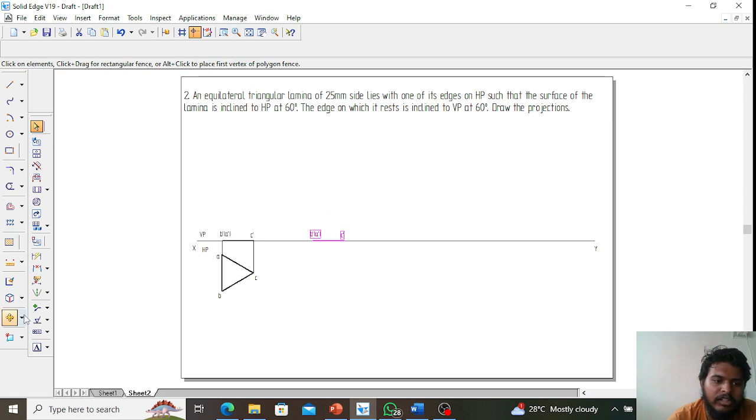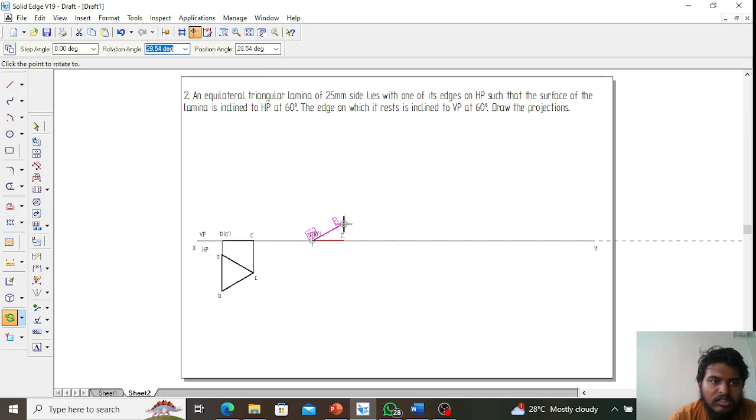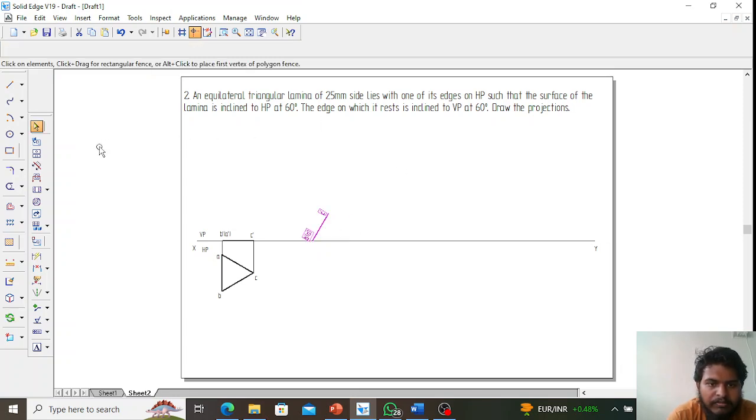Then I will rotate this. So how much is the angle given is inclined to HP at 60 degrees. So we need to draw it to 60 degrees. 60. Okay.